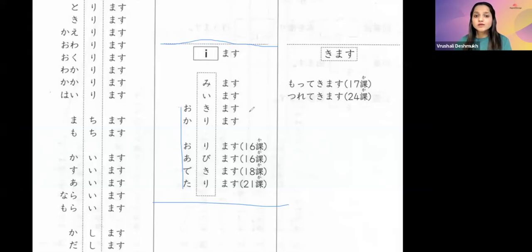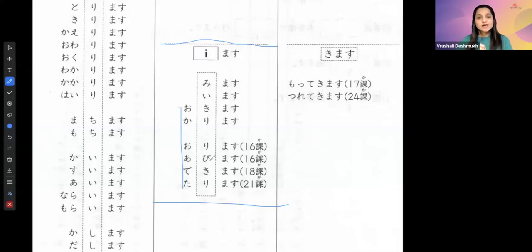Okimasu, karimasu, orimasu, abimasu, dekimasu, tarimasu. So for the beginner level, at least you have to remember these verbs which are exceptions. I hope this makes it easier to classify verbs into different groups.